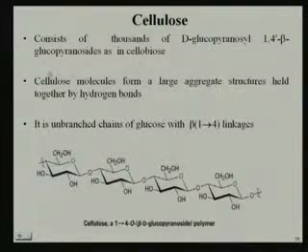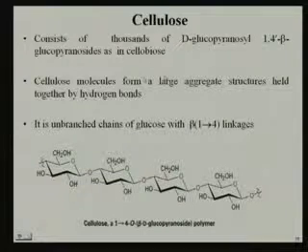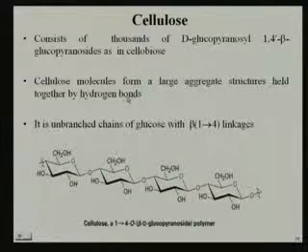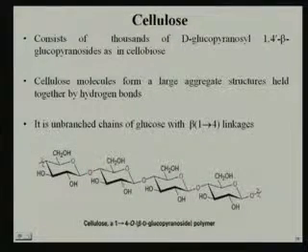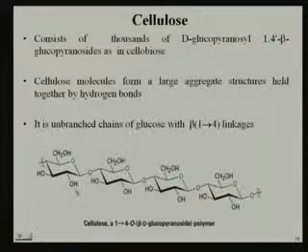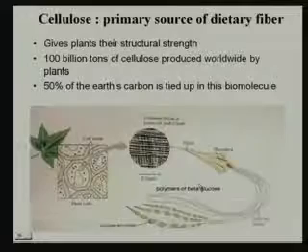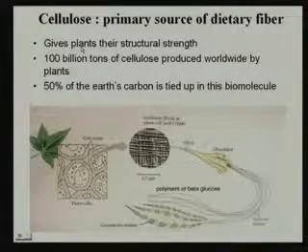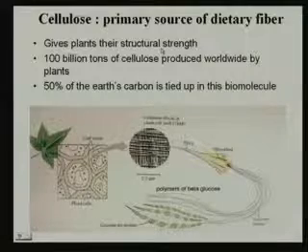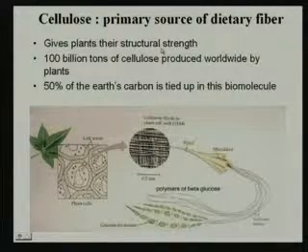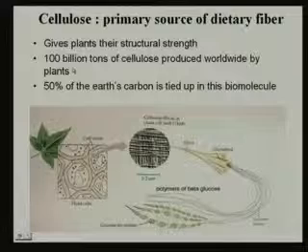Now this cellulose consists of beta 1,4 glucopyranosides of cellobiose, and cellulose molecules form a large aggregate structure held together by hydrogen bonds. It is the beta 1,4 linkages in a linear unbranched structure, and it gives the plant strength and stability, and protects the plant.